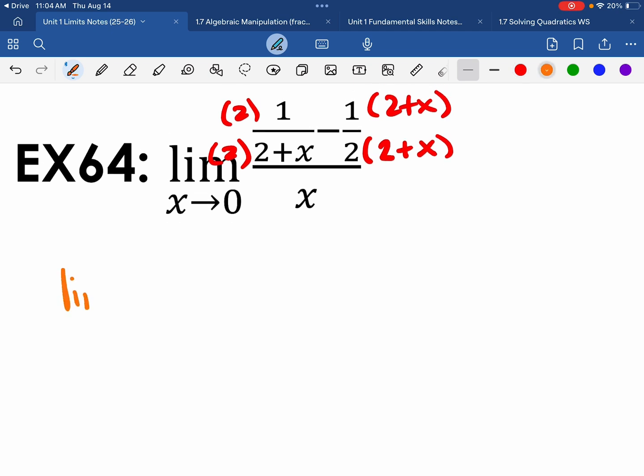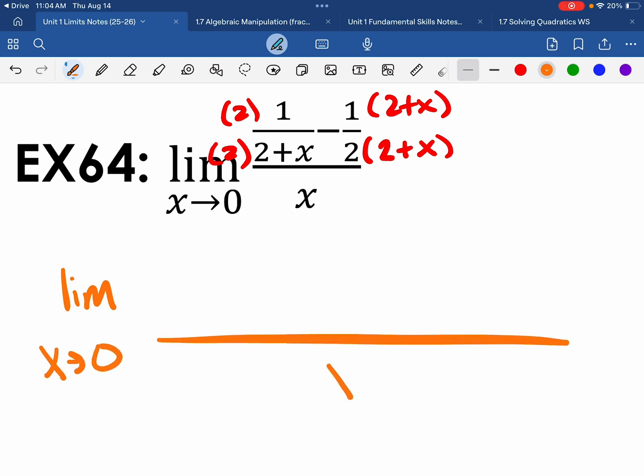All right, and then I'm going to write it as one giant fraction. So the limit as x approaches 0, x is on the bottom. And then for the top fraction, the denominator is 2 times 2 plus x, or x plus 2, it doesn't matter.